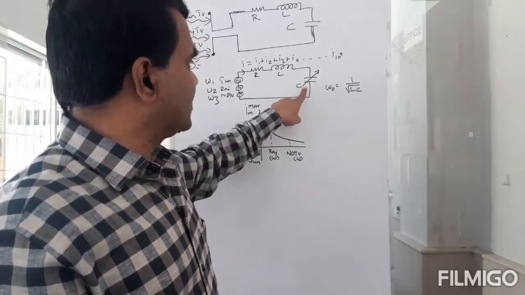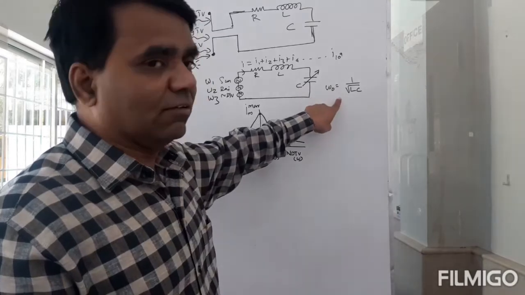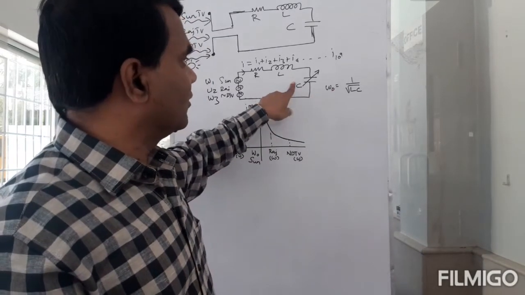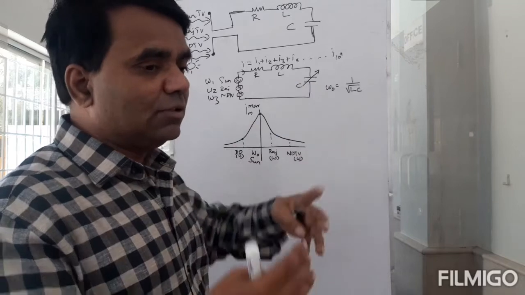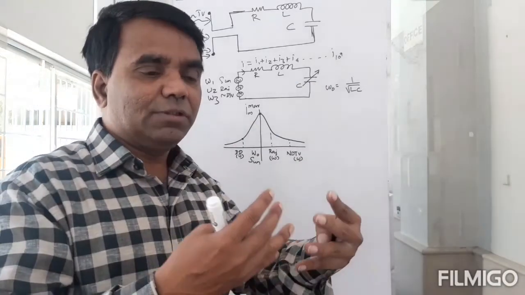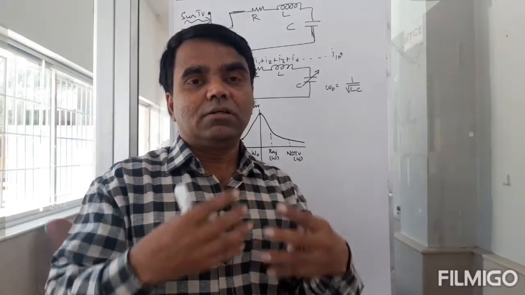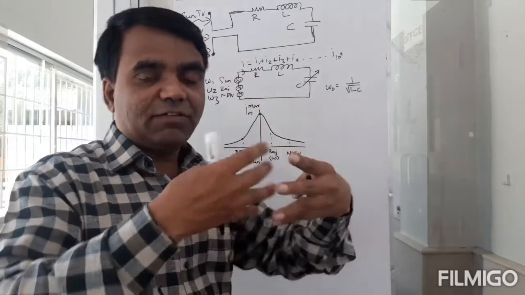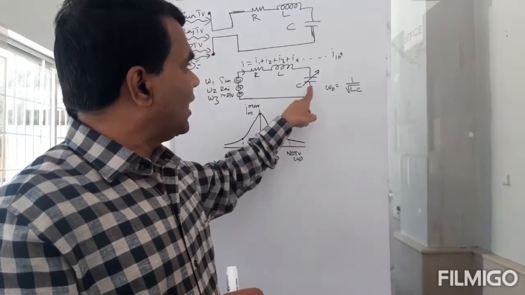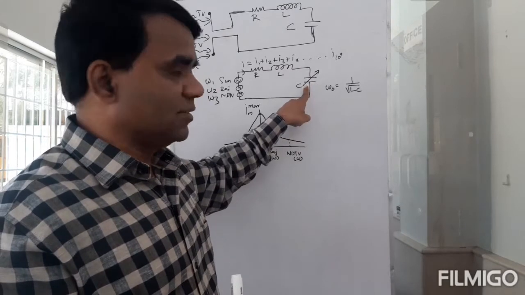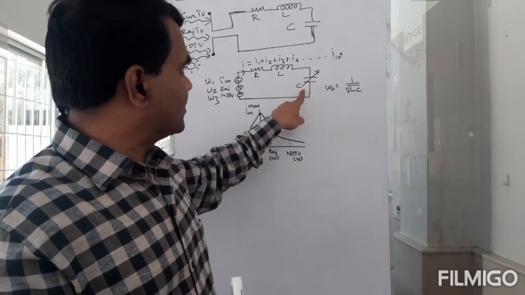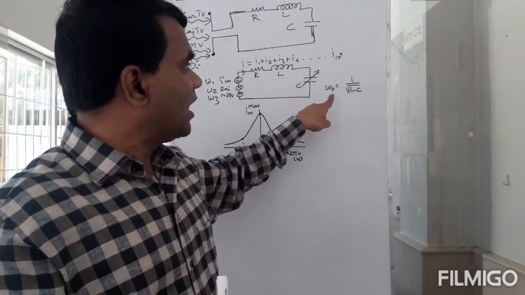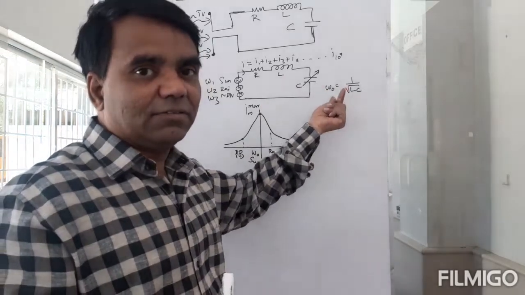If I change the capacitance value, now I have a different omega naught, not the same omega naught. Initially I had one capacitance value, now I change it by changing the area of the plates. Then I'll have a different capacitance, and since the inductor remains the same, I will have a different omega naught.